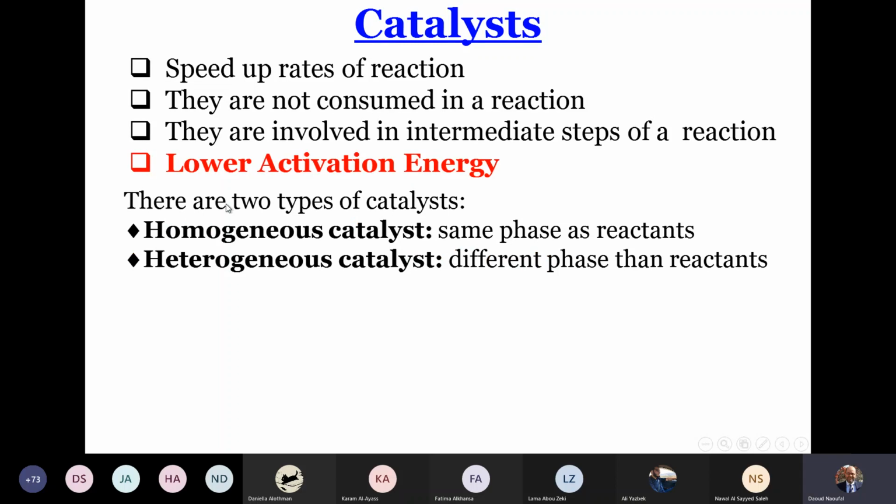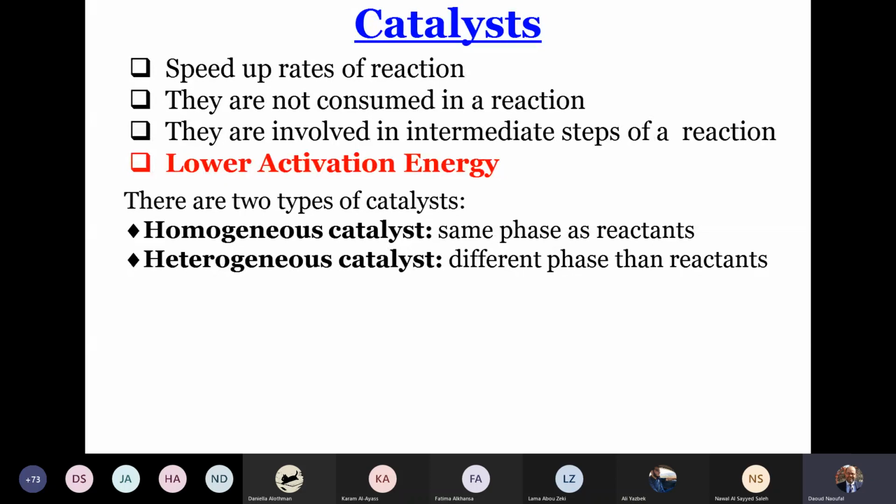We have two types of catalyst. Homogeneous catalyst: when added, it forms one layer with the reactant. When you add the catalyst to the reactant, you could not distinguish two layers. You have only one layer. You have a homogeneous system.